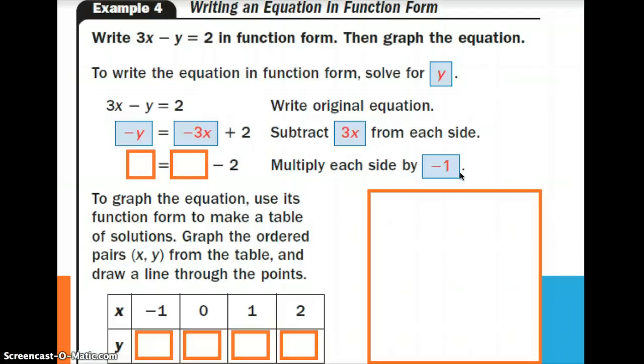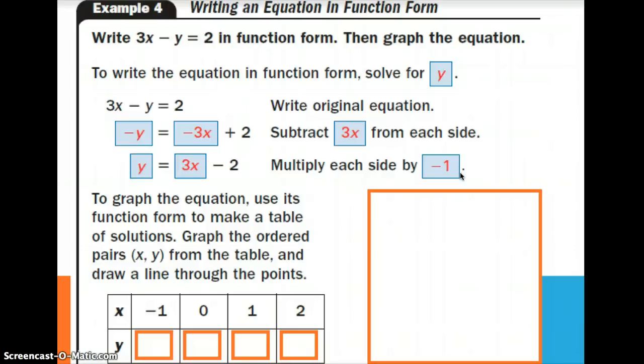I know they say multiplying there, but you are technically supposed to be dividing by negative 1. Either way, you'll end up with positive y. The negative 3x becomes a positive 3x, and the positive 2 becomes a negative 2, or you're subtracting now.